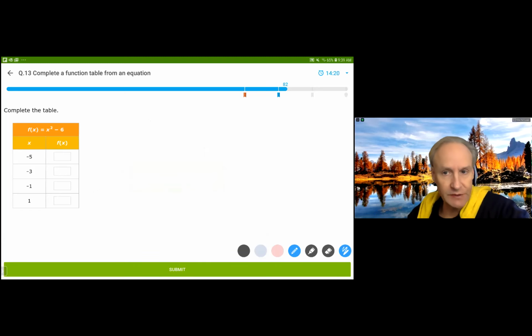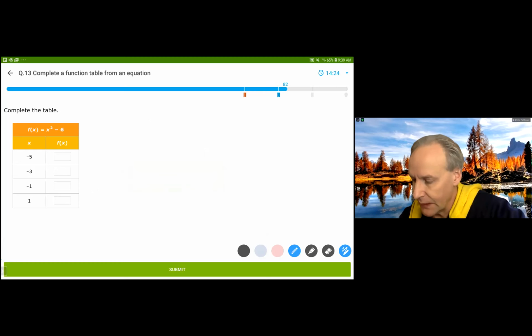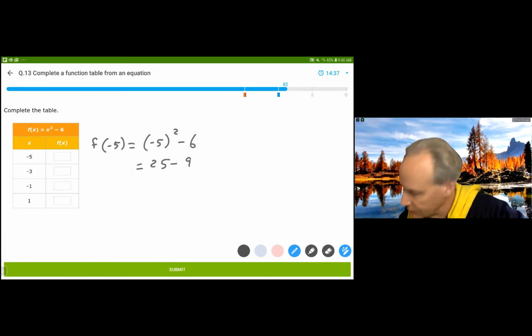This one is also going to be symmetric in some ways. It looks like we're taking our x squared, which is this, -5. I'll put f of -5. We're taking the -5 and squaring it and subtracting 6. That is 25 minus 6, which is 19.